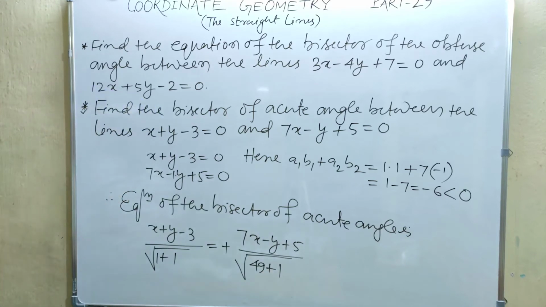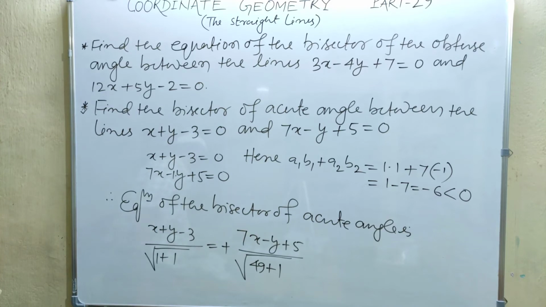This will give you the equation of the bisector of acute angle. You can simplify it. ये रूट 50 इधर मल्टीप्लाई होगा और ये रूट 2 इधर मल्टीप्लाई कीजिएगा. Let me see whether the answer is correct or not.